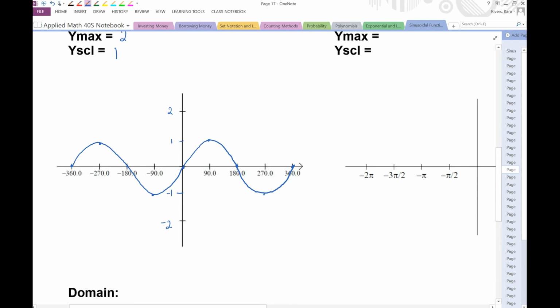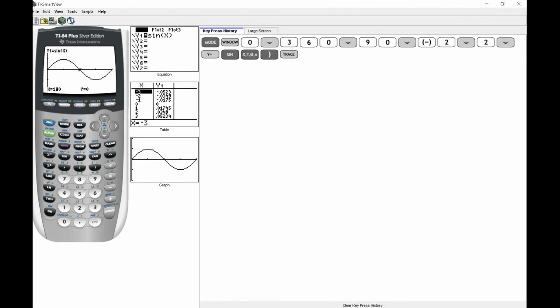Now, if you wanted that to be shown on your calculator, all you have to do is change your window and change that to -360 and then hit trace, and you can see that all of that will be shown there. Okay?